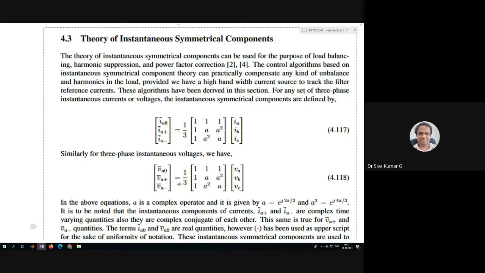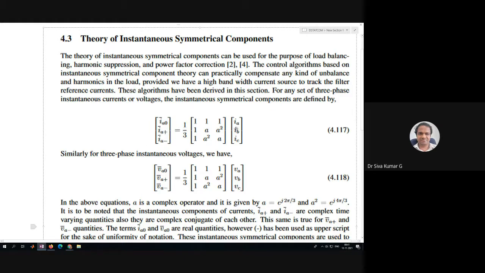You all know about the instantaneous symmetrical components. This has been used to study an unbalanced system by converting it into a balanced system through symmetrical components. When we say instantaneous, instantaneous currents or instantaneous voltages are converted, whereas in symmetrical components you convert the phasors of unbalanced voltages or currents to balanced quantities.